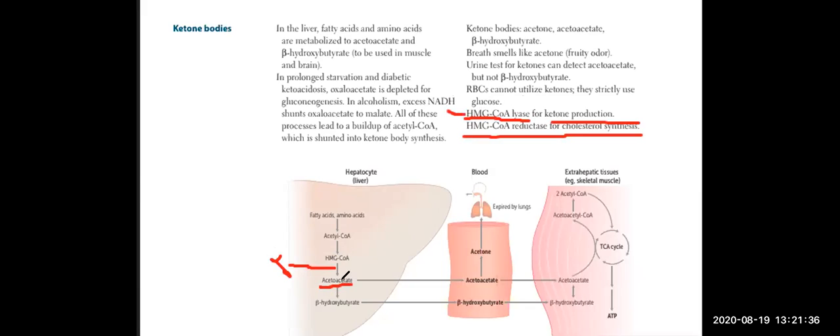So this is the step where you are using HMG-CoA synthase or lyase for ketogenesis. And these three are your ketone bodies. You should know the names of the ketone bodies: acetone, acetoacetate, and beta hydroxybutyrate.